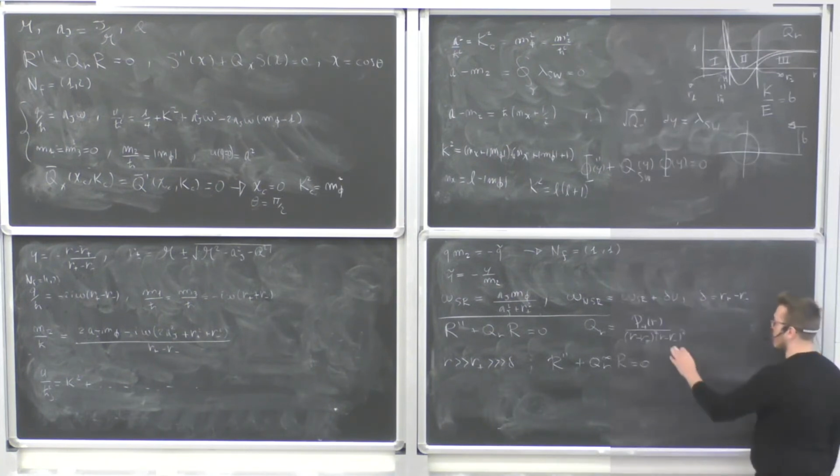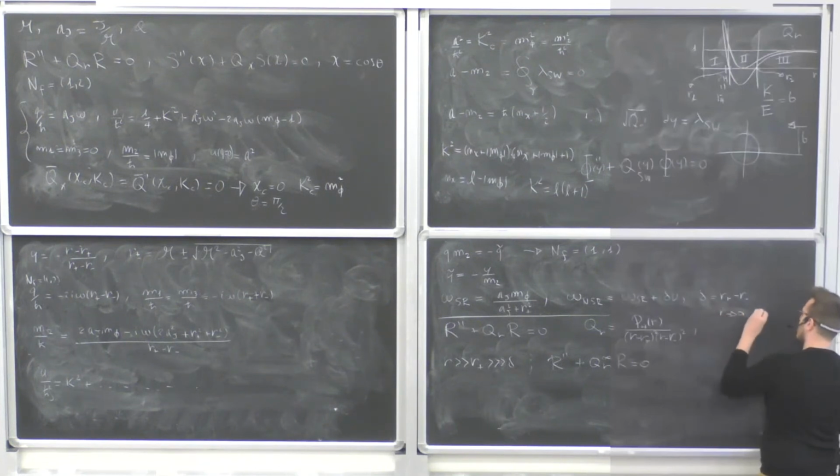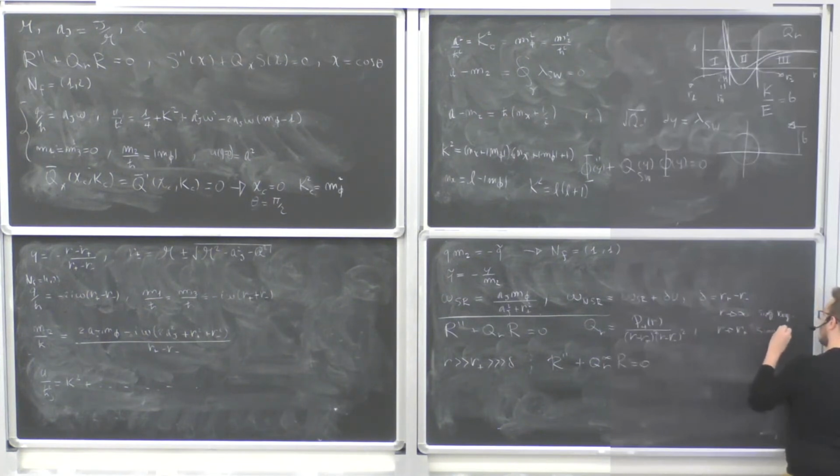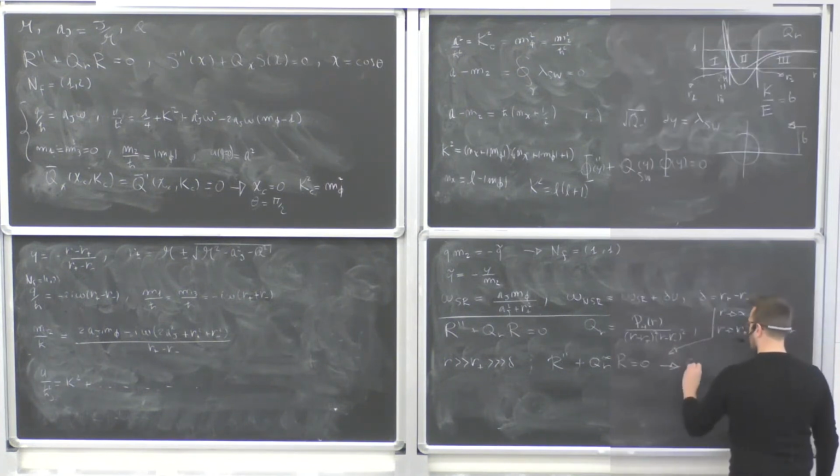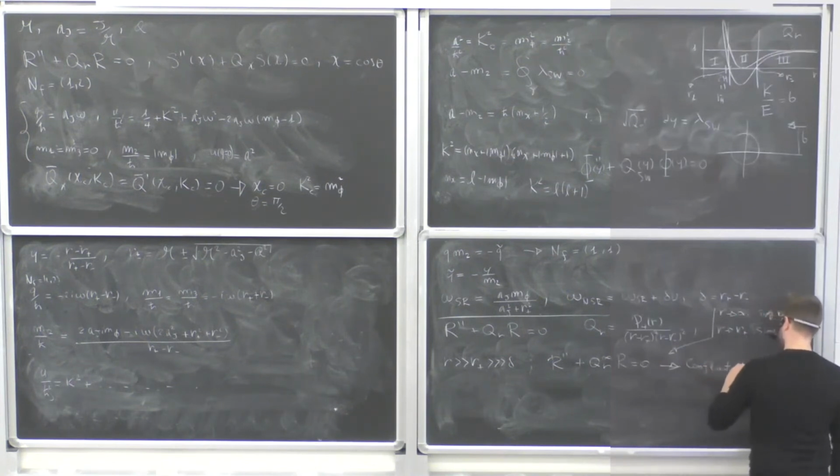So I will have at infinity, r goes to infinity, a singular regular point, and r goes to r plus will be a singular irregular point. So basically this equation in this regime will be described by a confluent hypergeometric.